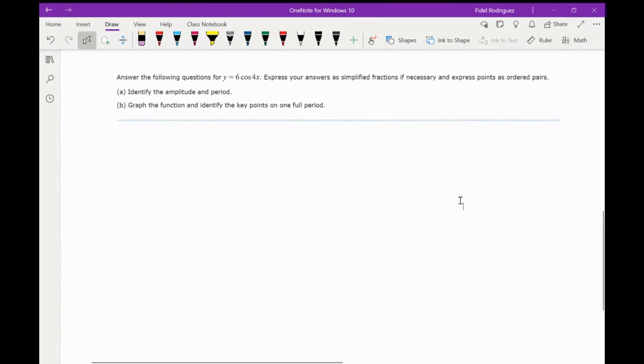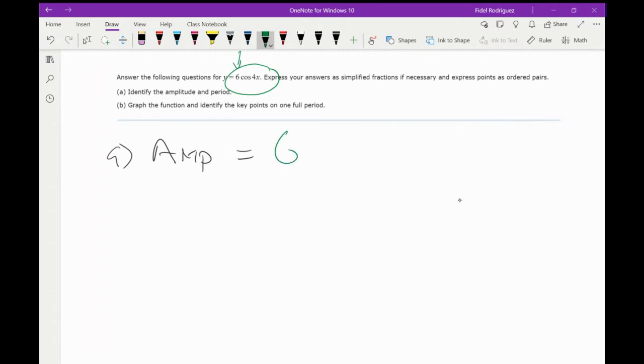Okay, so let's go ahead and run through it just to make sure that we're good. Number one, we're going to find the amplitude, right? So guys, remember the amplitude is the number in front of your trig function. In this case, it's going to be what number? Okay, let me ask you a question. That's right. It's the absolute value of that number, which in this case is 6.